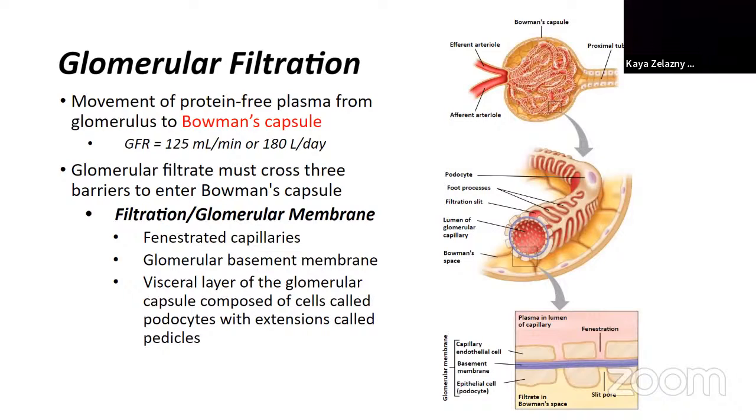This should immediately raise a flag in your mind. This is why water reabsorption is such an important thing for the kidneys to do. If you were peeing out 180 liters a day and removing 180 liters of fluid from your blood every day, you'd be dead in seconds. That's not sustainable.